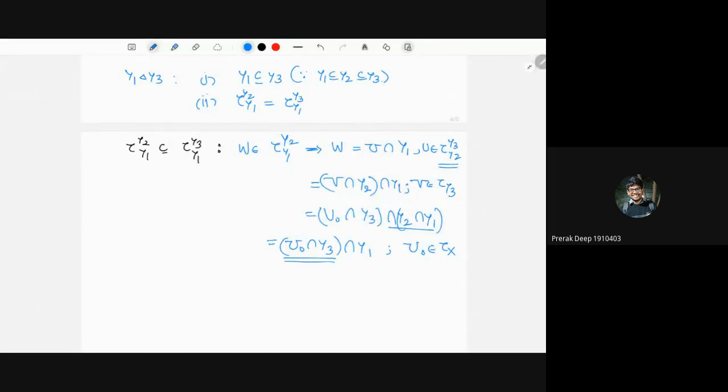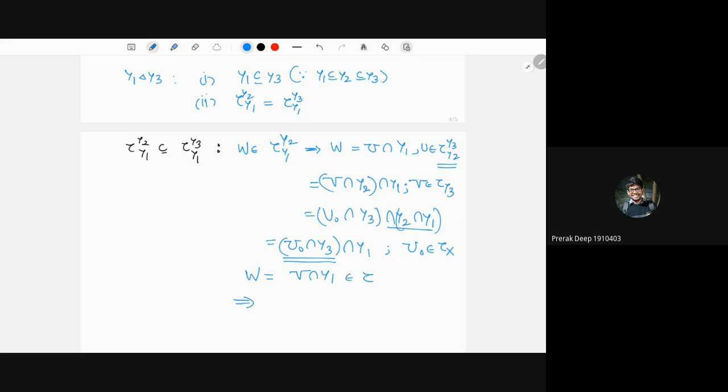Now this is the open set in Y3, which we had earlier called B intersection Y1, and this is W. So this implies that this is an element in tau_Y1 with the topology in Y3.